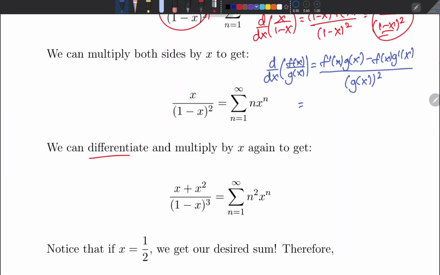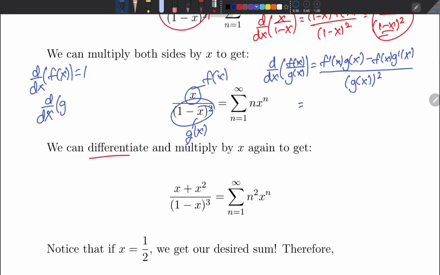Again, this is your f of x and this is your g of x. So the derivative of f of x is going to be 1, and the derivative of g of x is going to be 2 times minus 1 times 1 minus x.